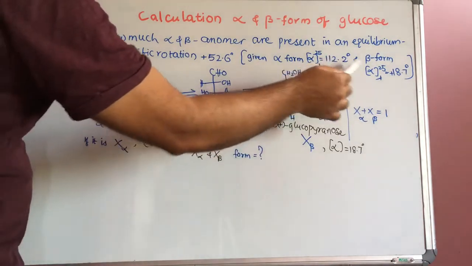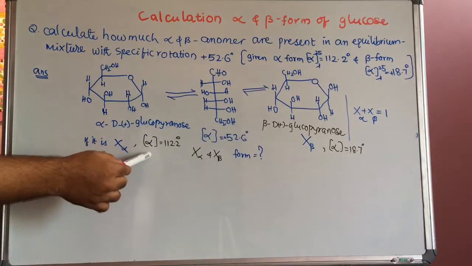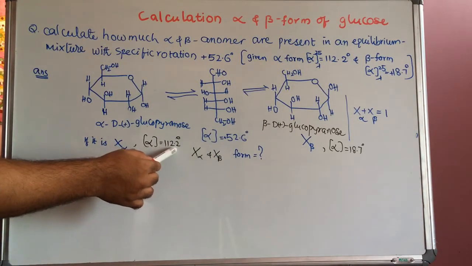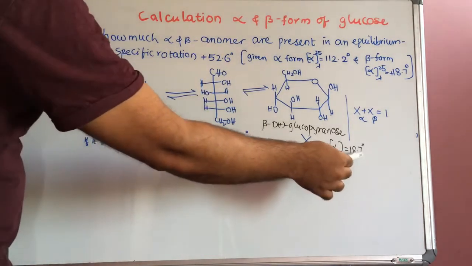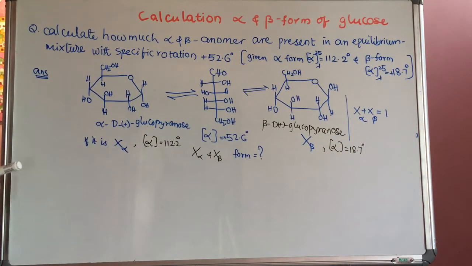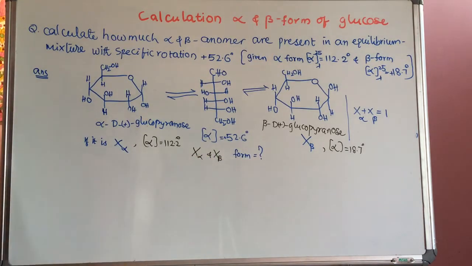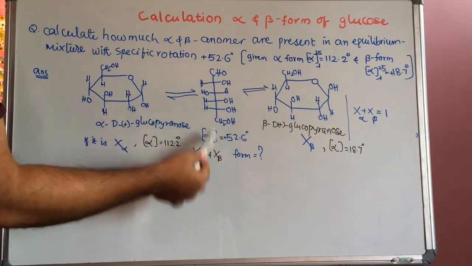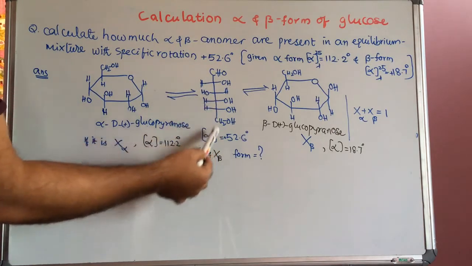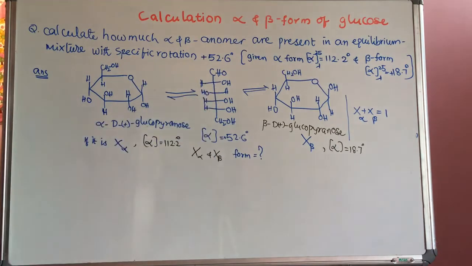These are the specific rotations of the alpha and beta forms. So we have to calculate what fraction or what percentage of alpha and beta form is present in the equilibrium mixture.